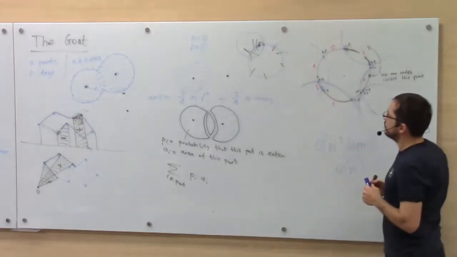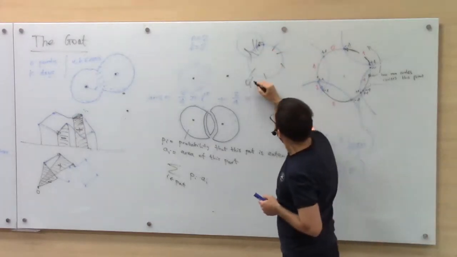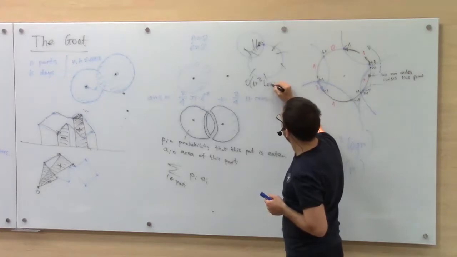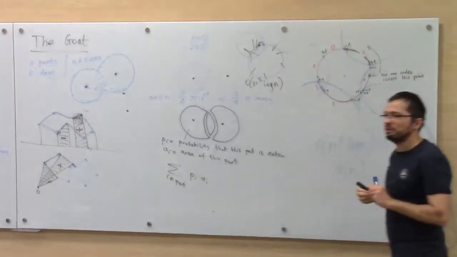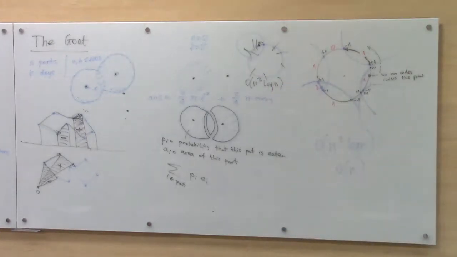So this solution will run in time n to the power of 3 times log n, because I will naively test all of the other circles around this segment. But then I don't need to consider all of these. I don't need to have memory to calculate all of these.